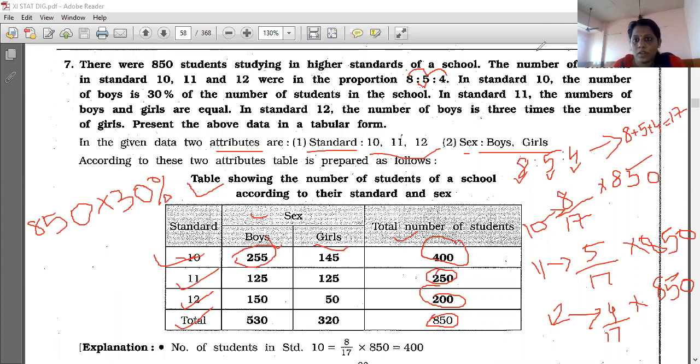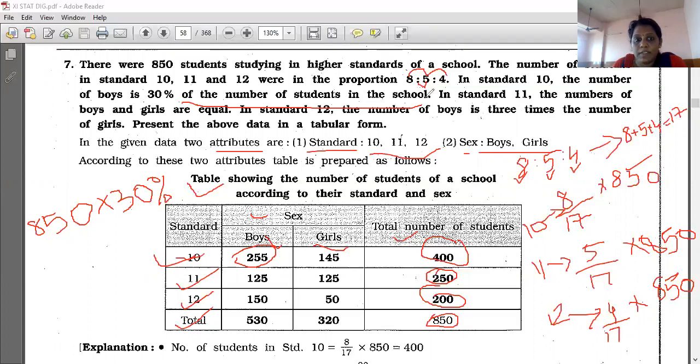So what they have said is in standard 10, the number of boys is 30% of the number of students in the school. You have to read the sentence properly: the total number of students means 30%. So that is the total number of boys in 10 standard. So here we got 255.